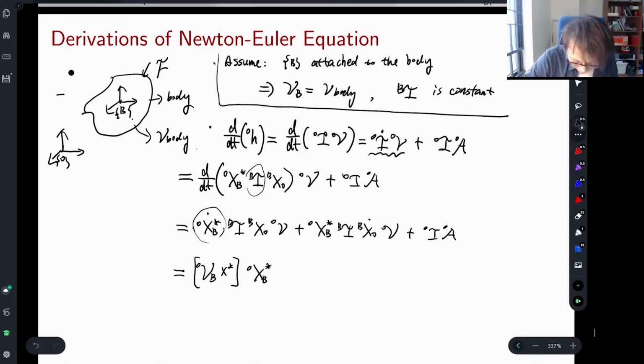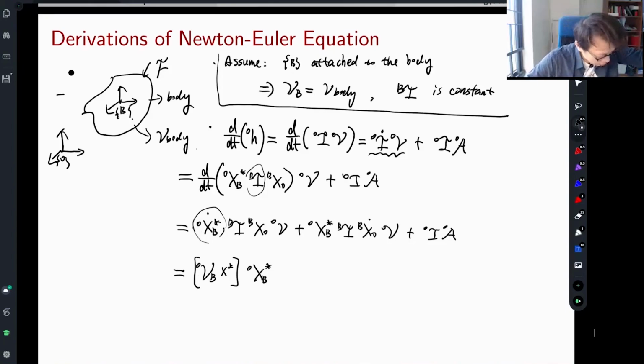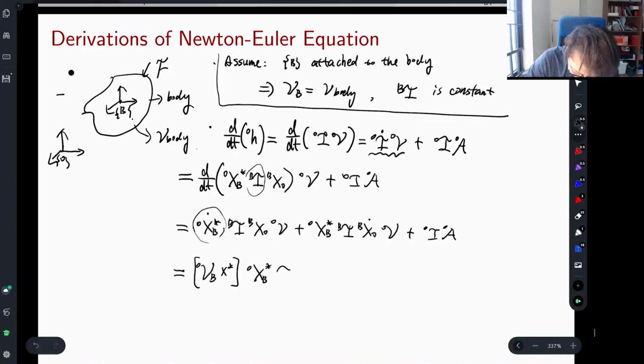The derivative disappears, then you need to multiply by that. That's what we just introduced. If you are not comfortable, review that or think about it. For now, let's just take it as a fact. Then this is I_B and X_OB V_O.